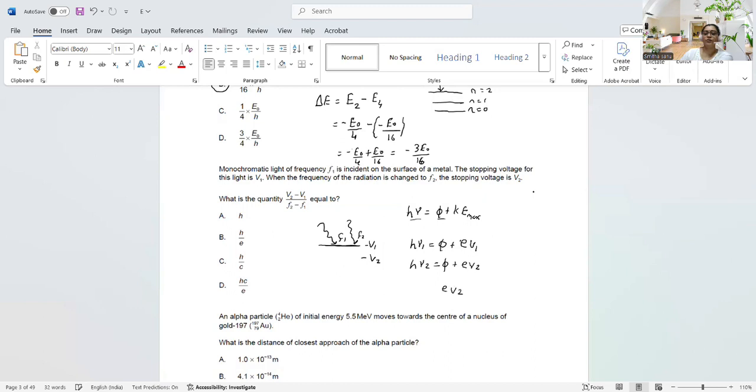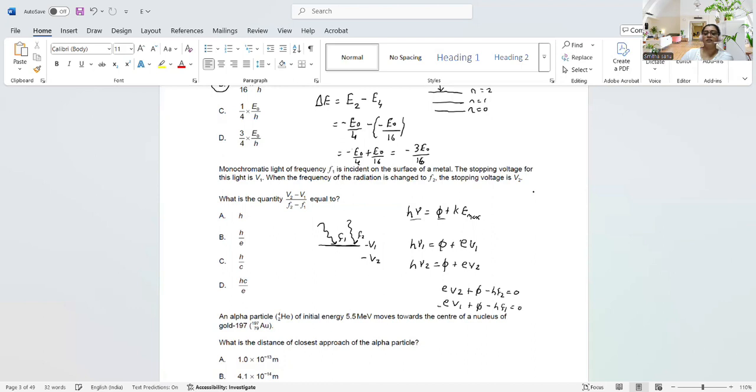Which gives you the equation eV2 plus phi minus hF2 is equal to 0. The next step is eV1 plus phi minus hF1 is equal to 0.